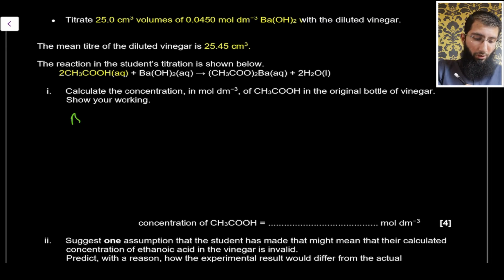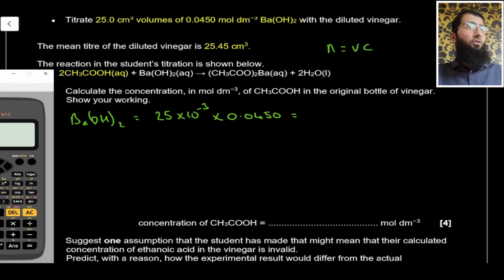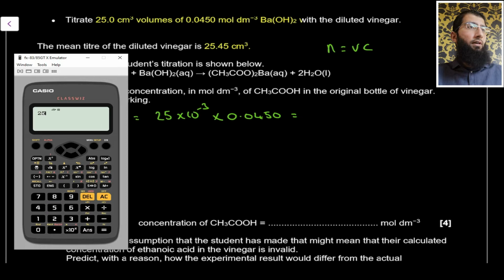We know that for barium hydroxide, we can work out the moles using n equals VC. So the volume of barium hydroxide is 25 times 10⁻³ dm³, because we need to convert into decimetres cubed, multiplied by the concentration, which is 0.0450.